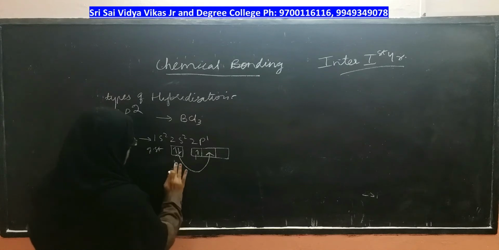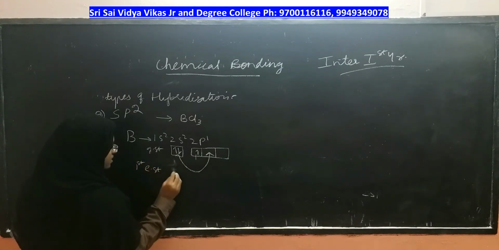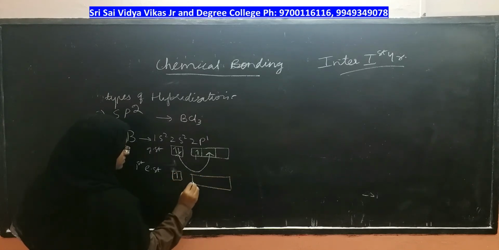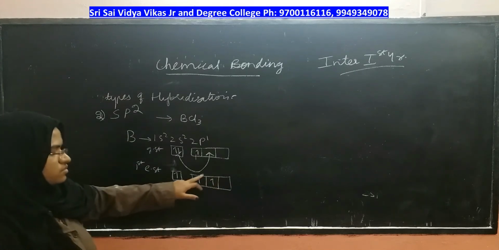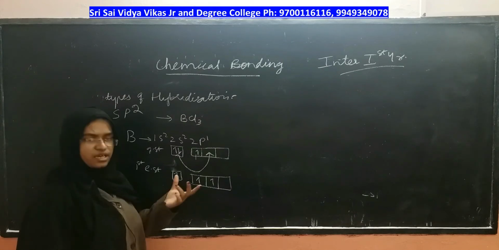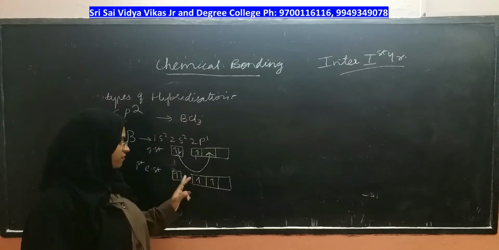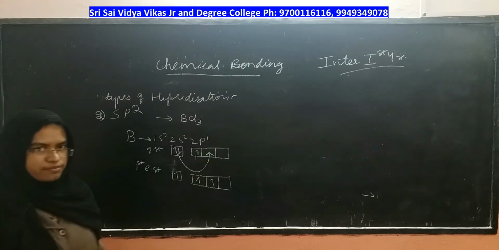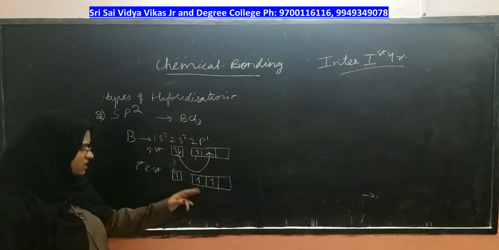Next is the first excited state, in which now 3 get one electron each, but still they are not the same. 2 orbitals are p orbitals to overlap, 1 orbital is an s orbital to overlap. So what else can boron do to make all the 3 equal?